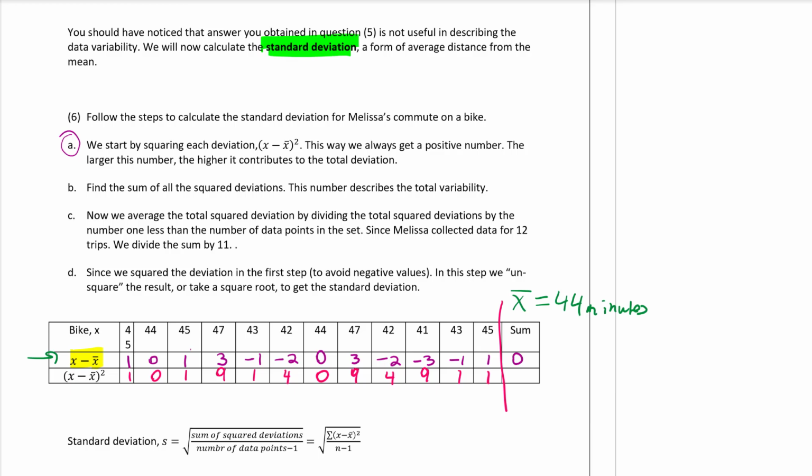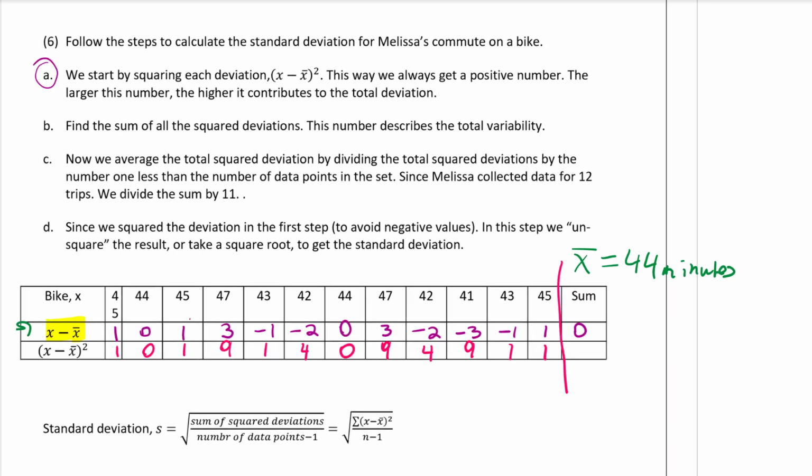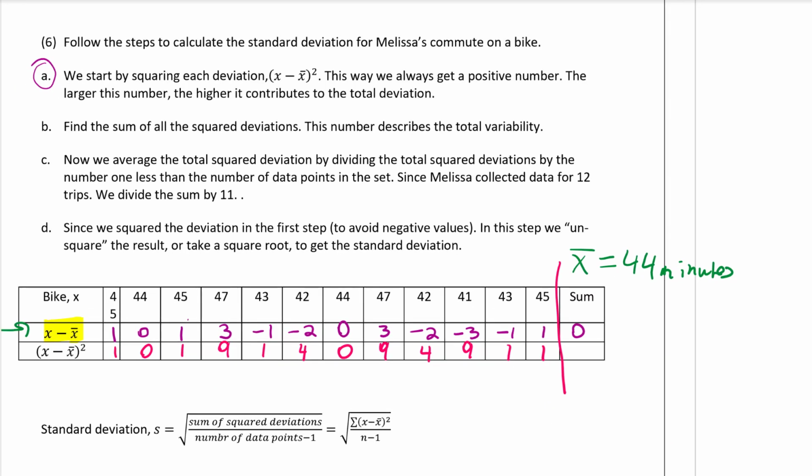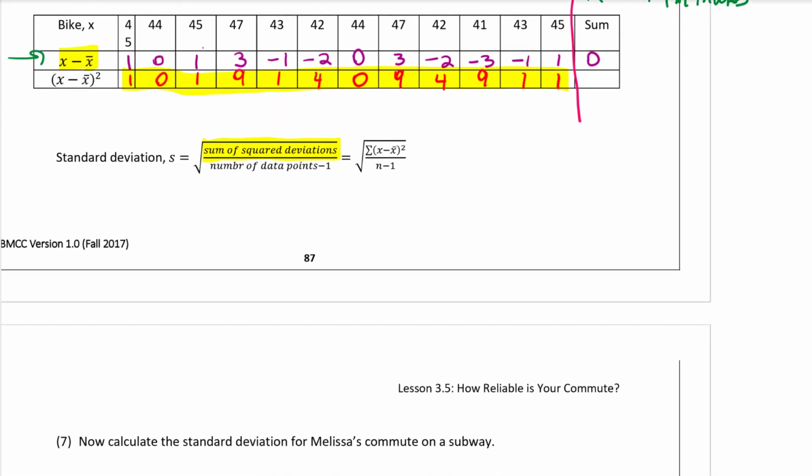The next step is we're going to sum up all of these square deviations. So we're going to add all of these red numbers, and let's see what we get. Did I write this out somewhere?